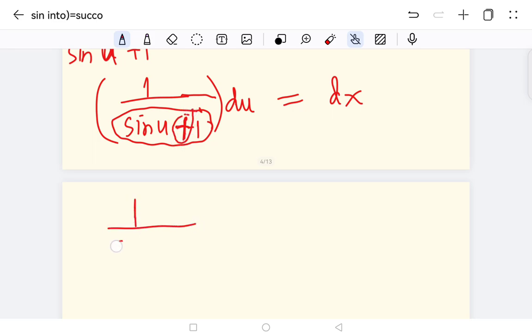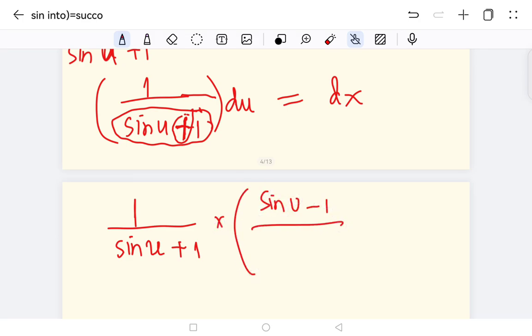So for 1 over sine u plus 1, I will multiply by sine u minus 1 over sine u minus 1, or rather I want to make it 1 minus sine u, because that's better.